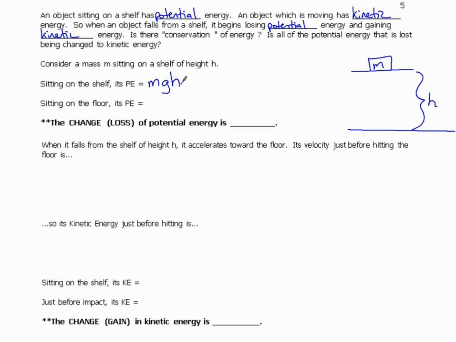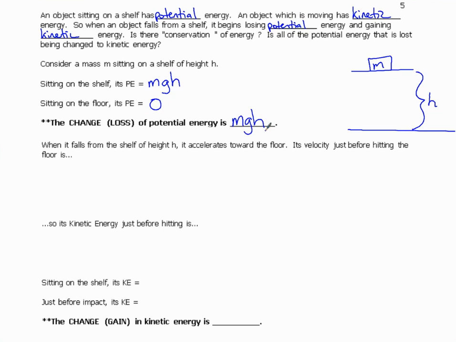Sitting on the floor, mass is the same, gravity is the same, but height is 0, so its potential energy is 0. The change or loss of potential energy here is mgh.